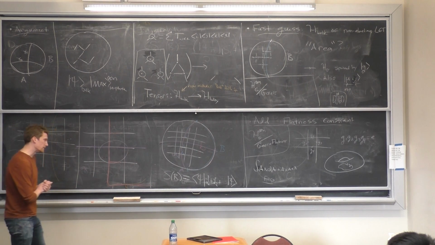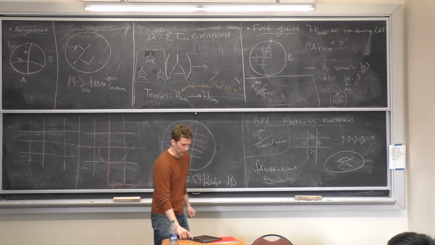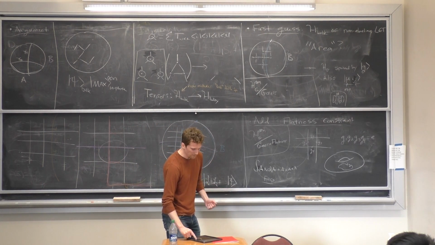But the progress is that this lattice gauge theory seems to have some natural notion of non-commuting areas. It's another deal to try and reconcile that with the tensors.